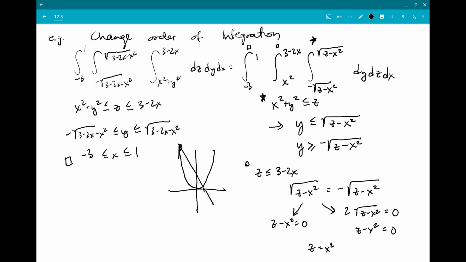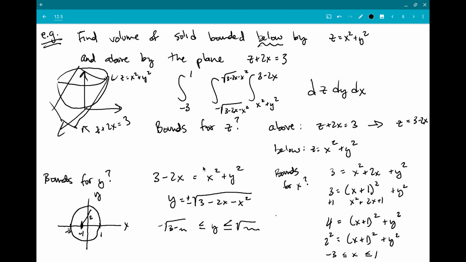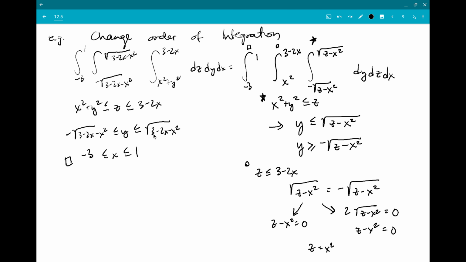So -3 and 1 is also where this line, z equals 3 minus 2x, hits this parabola, z equals x squared. That just works from the geometry of the problem, because we used all these facts before to find the bounds for x.